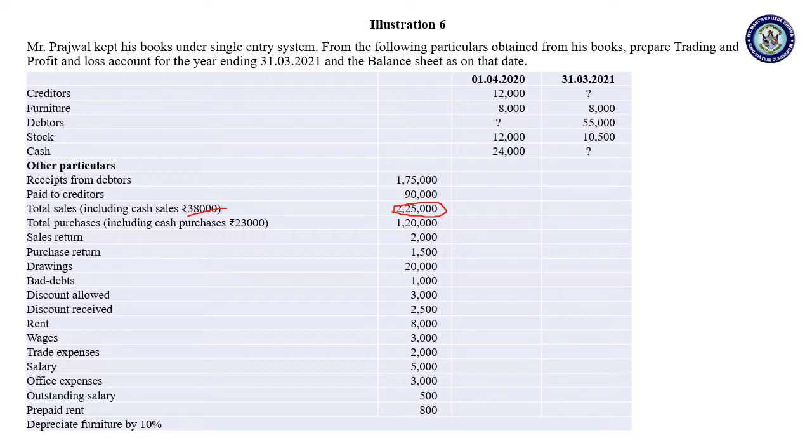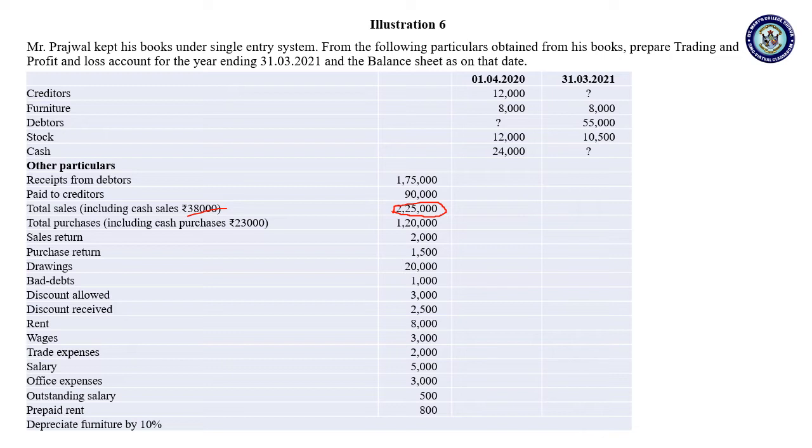Total sale is the sum of cash sale and credit sale. Out of 2,25,000, if 38,000 is the cash sale, then the remaining, 1,97,000 I think, no, 1,87,000, will be the credit sale.